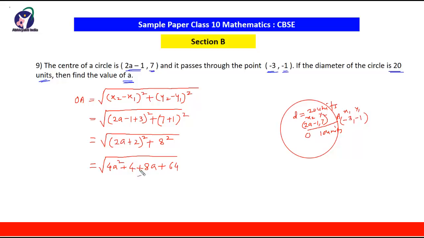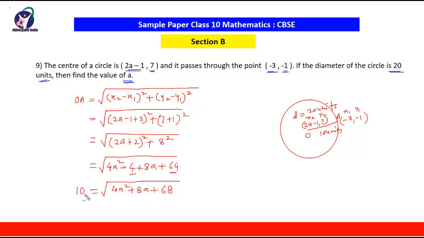So here 64 and 4, that will be 68. So this can be written further as square root of 4a square plus 8a plus 68. And this OA distance is 10, that is given to us, and therefore 10 is equal to square root of 4a square plus 8a plus 68.